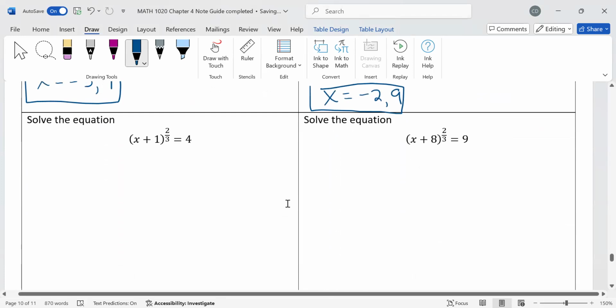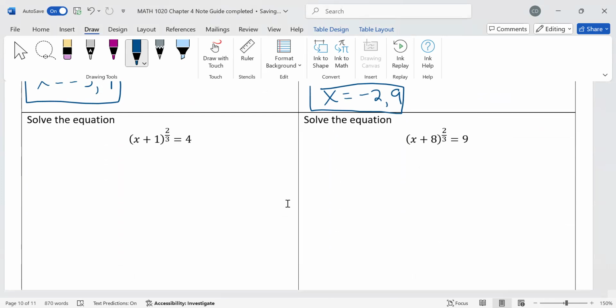All right, so let's look at these. There's a couple ways we could do these.